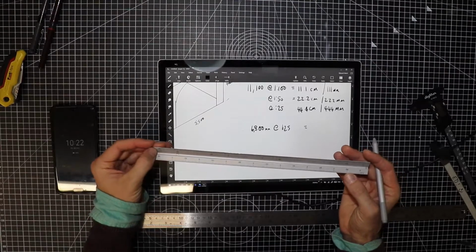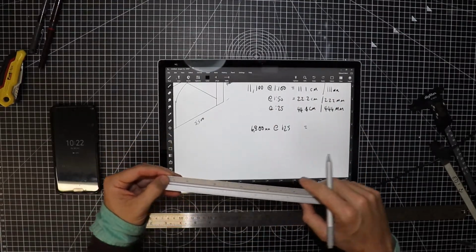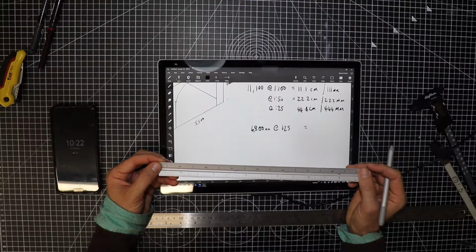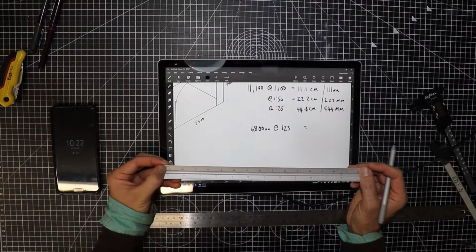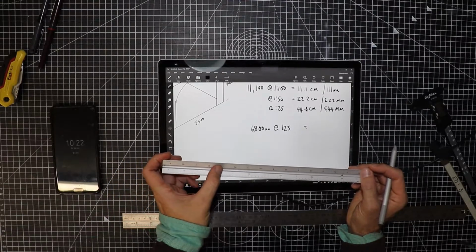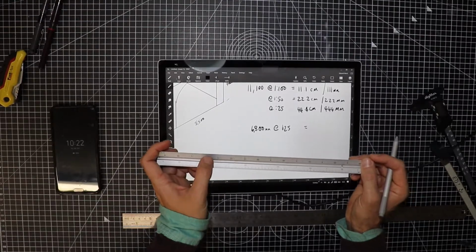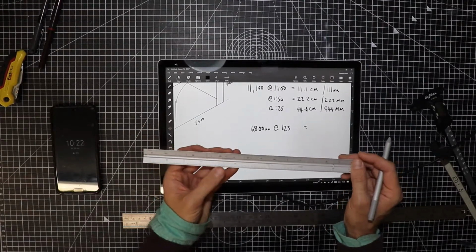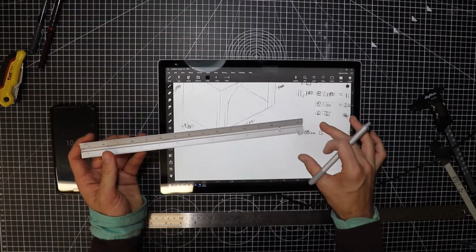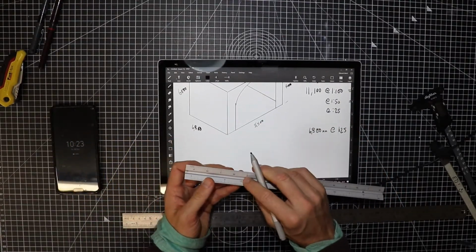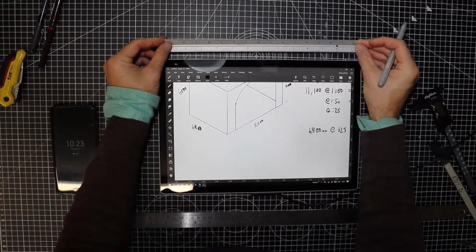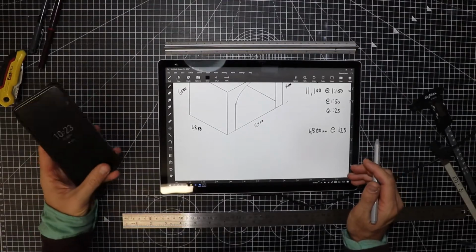We've got 1 to 20, 1 to 25, half a metre, 1 metre, 1.5 metres, 2 metres, 2.5 metres, 3 metres, etc. Our ruler doesn't go that long. So how are we going to figure that out?